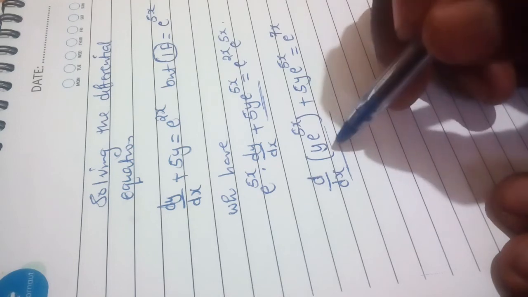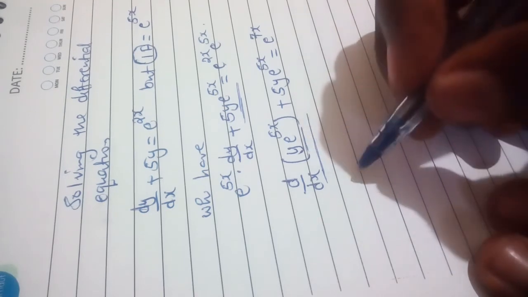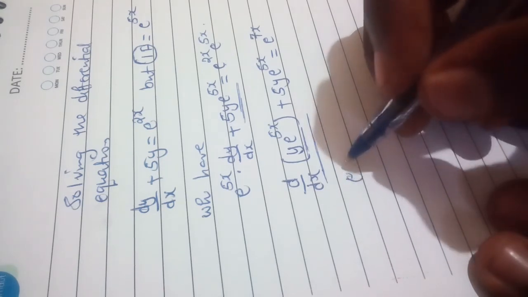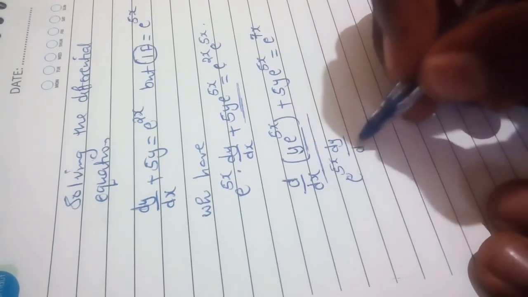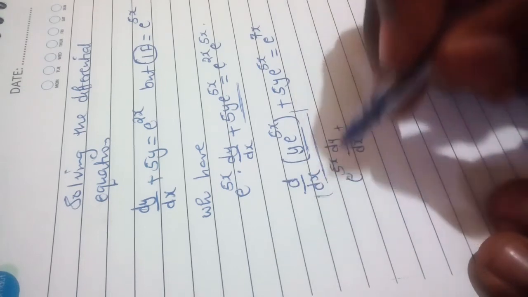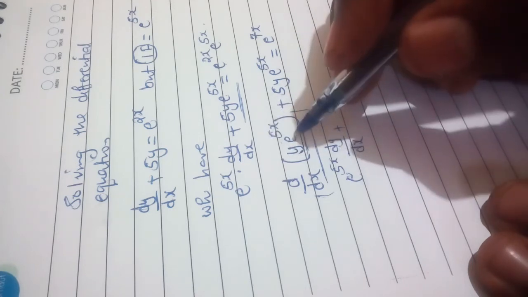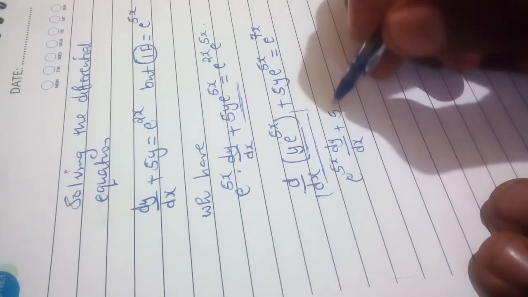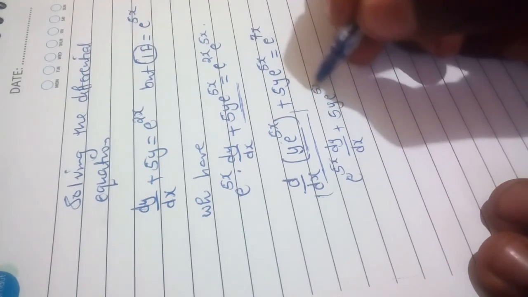Differentiating using the chain rule, we are going to get the first one, because we have y, e raised to power 5x dy over dx, and the second one plus, differentiating e raised to power 5x, whereby we get 5y e raised to power 5x.